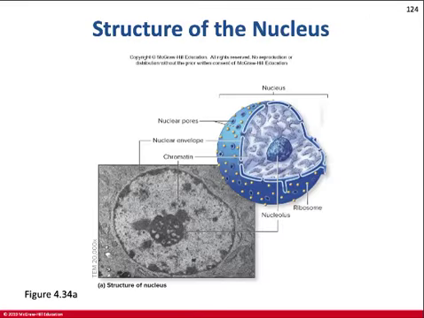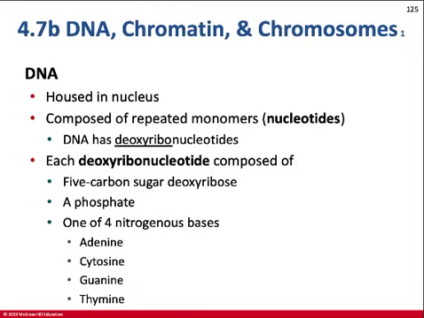Okay, it's usually a dark staining region in the middle of the nucleus and is attached to what are called nucleolar organizing regions, which are simply the ribosomal RNA genes. So you can see the nucleus and the nuclear membrane here with the pores and the chromatin and the nucleolus.